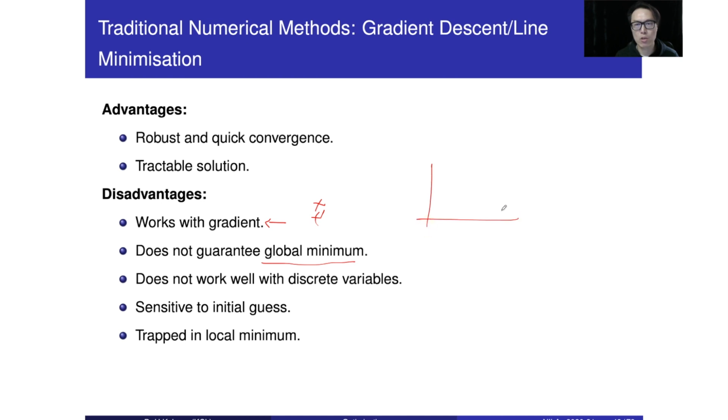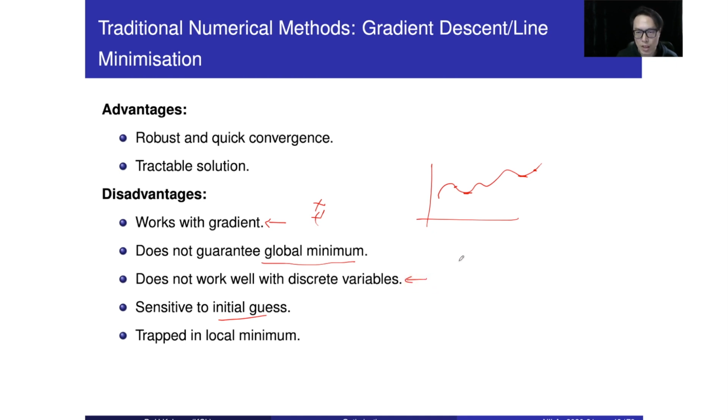If we have a multimodal function with many local minimum points, it is sensitive to the initial guess. If we start from this point, we find this point. If we start from this point, we find the local minimum right here. So we do not have any clue about whether the point found is the global minimum or not. And it does not work well with discrete variables.